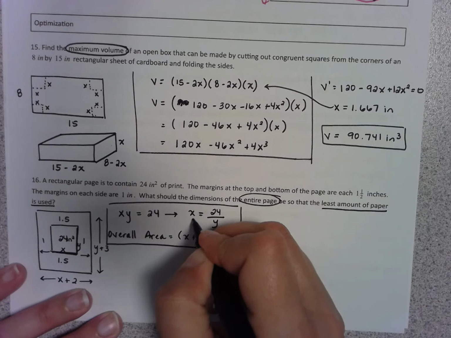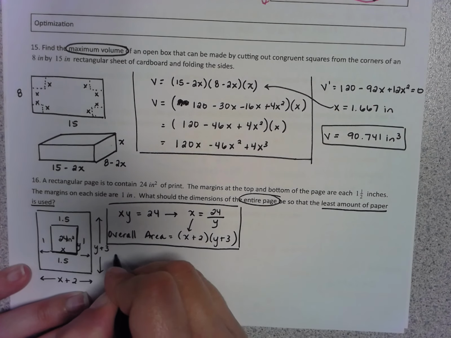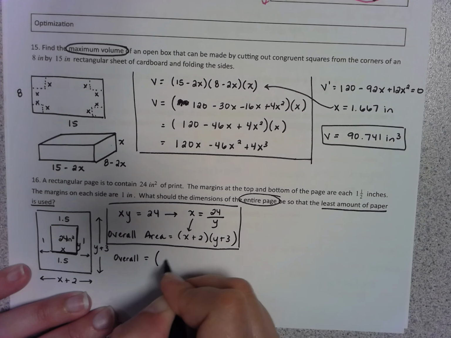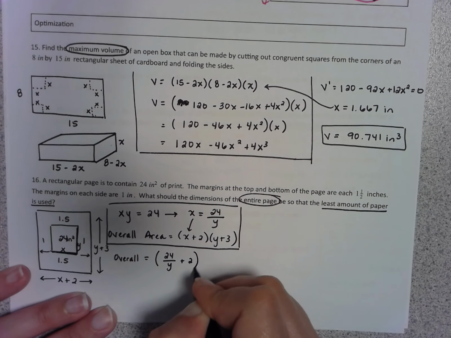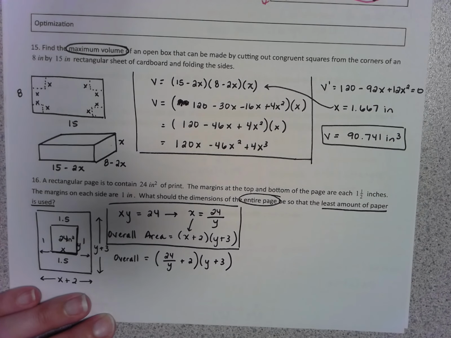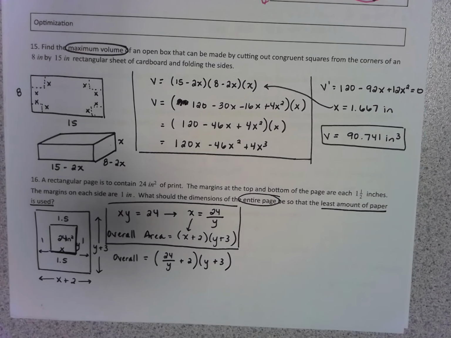The second step is to substitute so that your formula that you're trying to maximize or minimize only has one variable. So my overall area would be equal to 24 over y plus 2 times y plus 3. Now, eventually I know, because I'm trying to find a max or a min, I need to take the derivative and set it equal to 0.